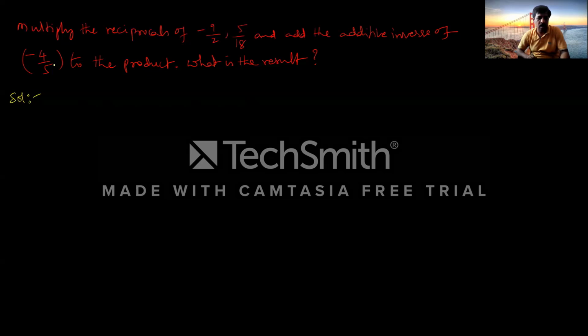We should take the additive inverse of minus 4 by 5. This additive inverse we should add to the result of the previous product. What is the result? Okay, let us do. Here first we will write the required reciprocals and additive inverse.